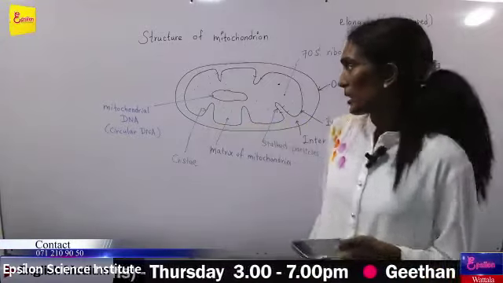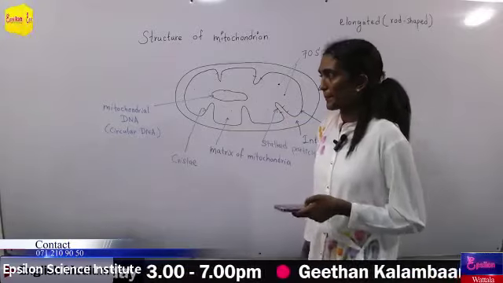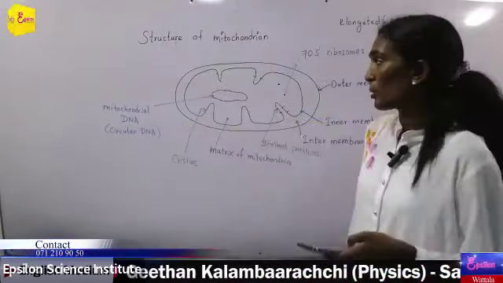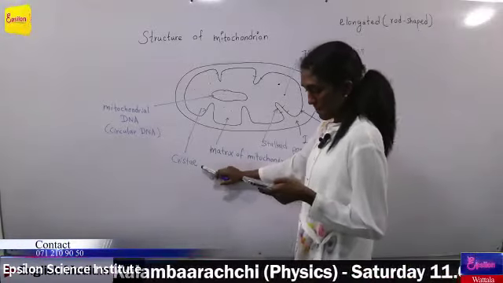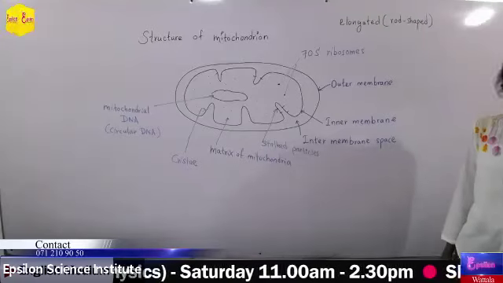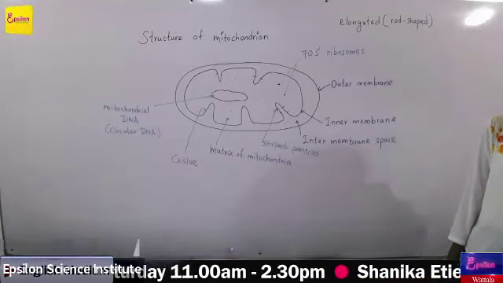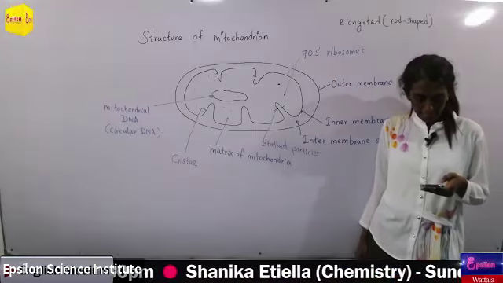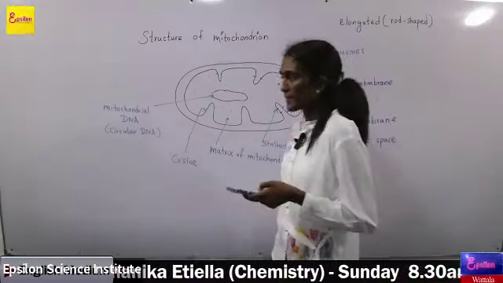Let's write like that. Convoluted to form cristae. Next one, cristae increases the surface area.